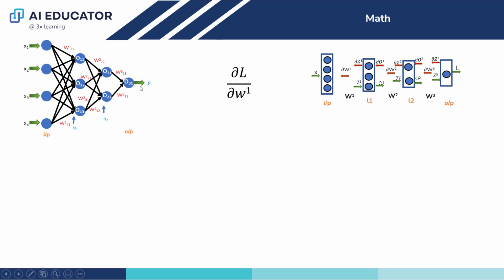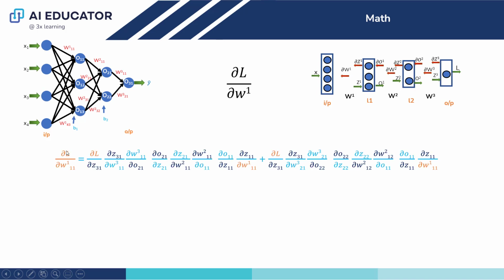We can also go in this direction, which is ∂L to ∂Z31, from Z31, W321, W321 to O22, from O22, W212, which will be the connection between these two nodes, from O11 to Z11, Z11 to W111. So this would be ∂L/∂W111 equals all the big equation.